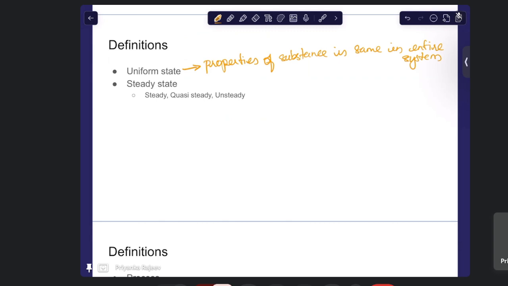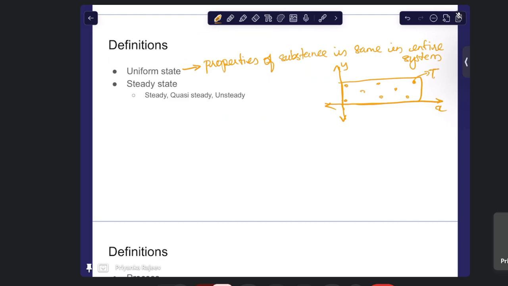So in the spatial coordinates, like XYZ, if it is a 3D system we are thinking about, or in 2D also, this is the y-axis, this is the x-axis. So along the x-axis, at all the points, if I measure temperature here, here and here, whichever point I'm measuring, temperature is going to be constant.